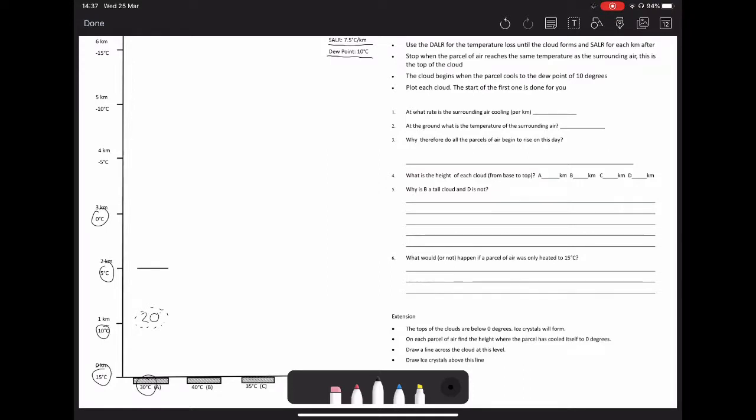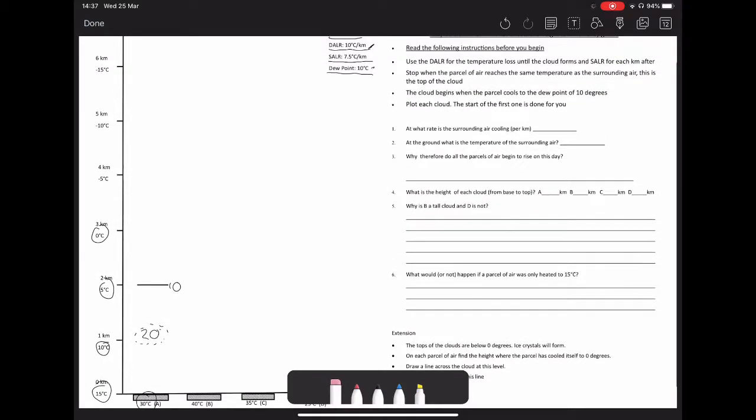At the next kilometre, the parcel of air is now going to be at 10 degrees because it's lost a further 10, and if we remember, the dew point is 10 degrees, so this is where the cloud will form, and this is why I've drawn the base in to help you on this first one.